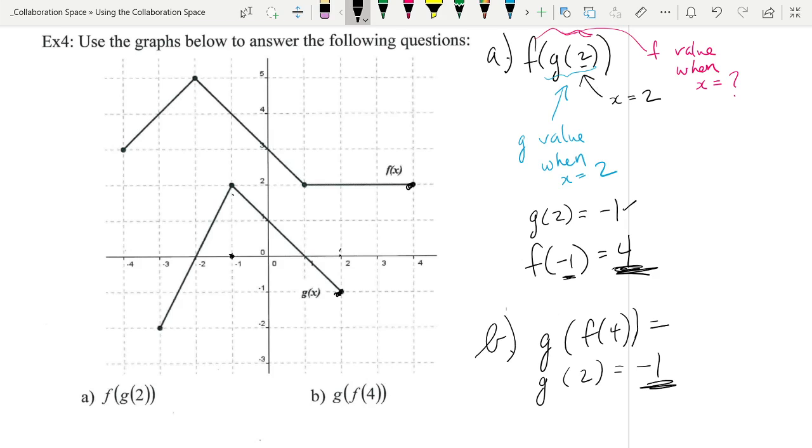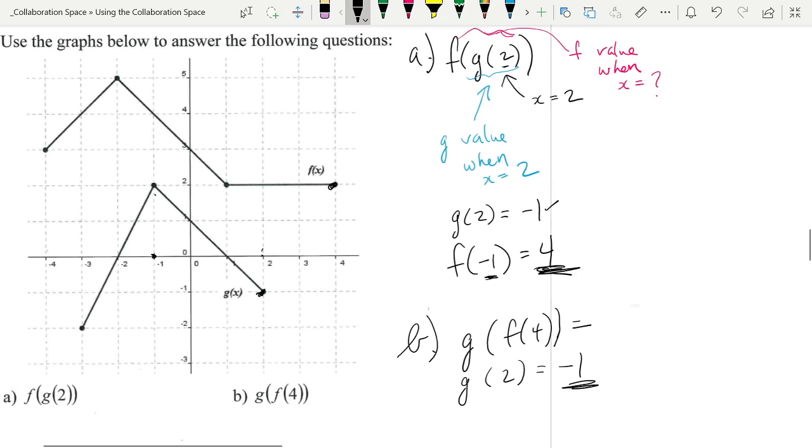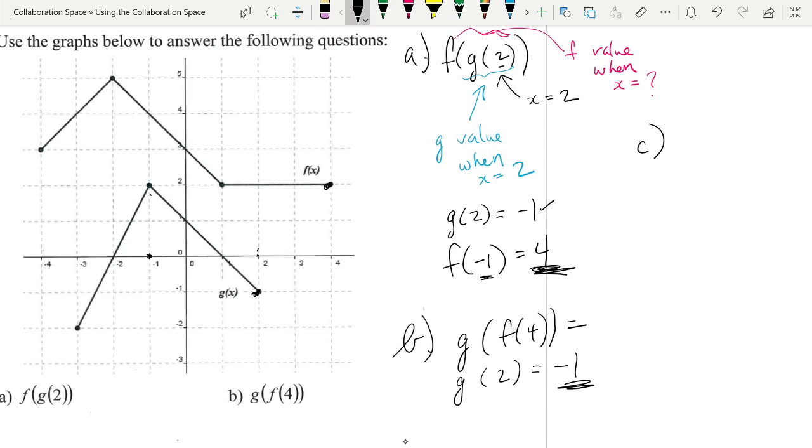Okay. All right, I'm going to move over a little and do C over here, even though you can just work down, but I don't want to lose my diagrams. And C is determine the value of x. So basically, you're finding x if f of g of x is 3.